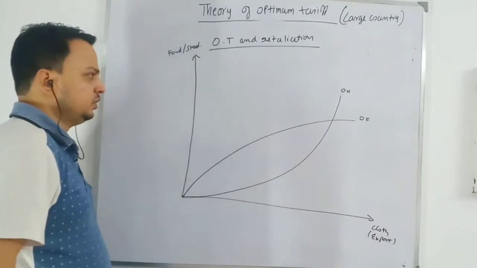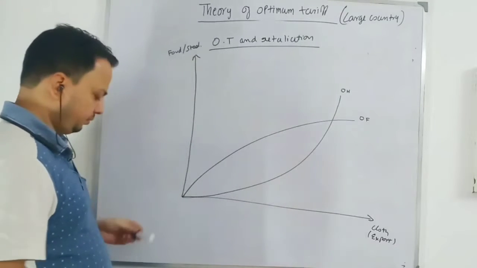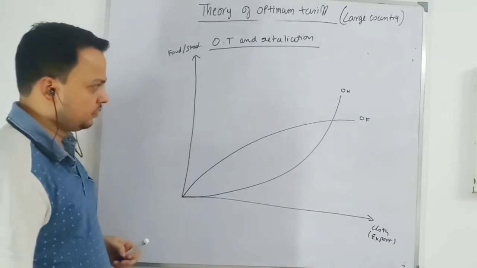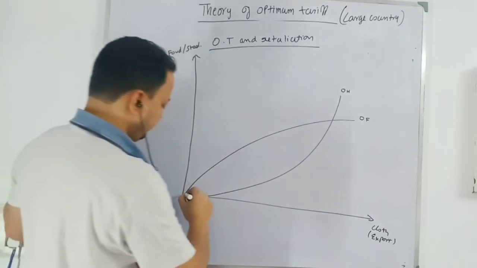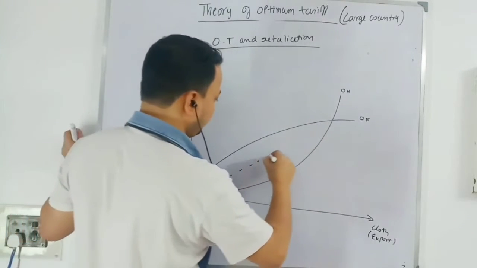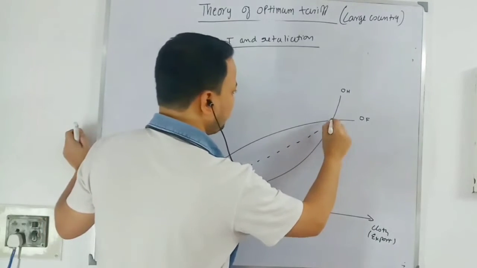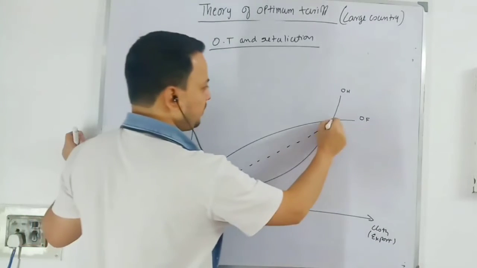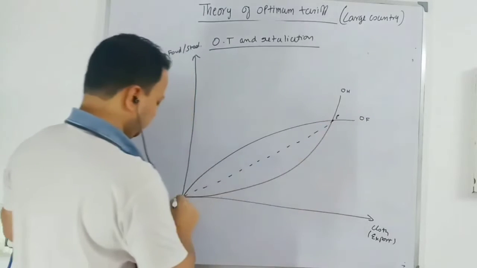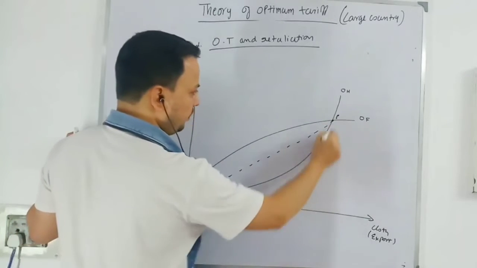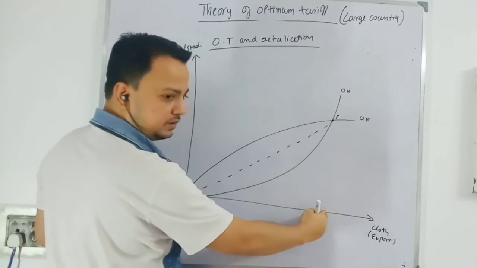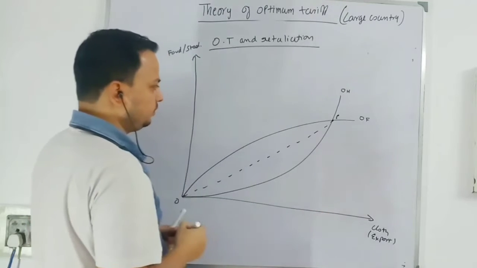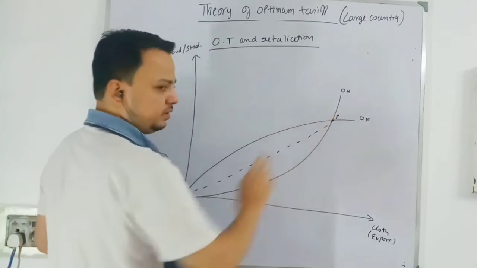So we will be having the trade indifference curve of the home country and the trade indifference curve of the foreign country. This will be the volume of trade, say OP. This much you are demanding and this much you are exporting or supplying. And this is your terms of trade OP.